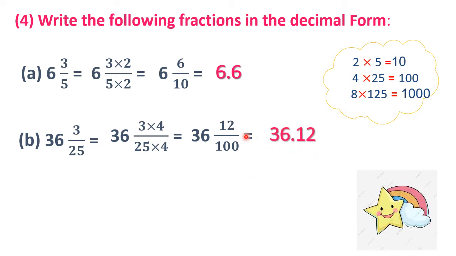Convert to the decimal: put 36 in the whole number and put 12 after two decimal places. C. 18 and 2 over 125, must be 10, 100, 1000, 10,000, and so on.